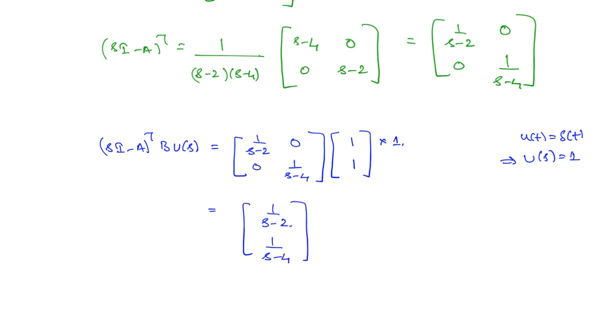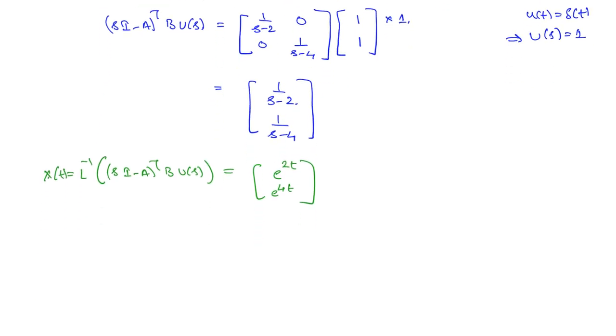Now the inverse of this will give you the state vector. So L inverse of (sI minus A) inverse B into U(s) is equal to [e to the power 2t; e to the power 4t]. This is the required solution x of t.